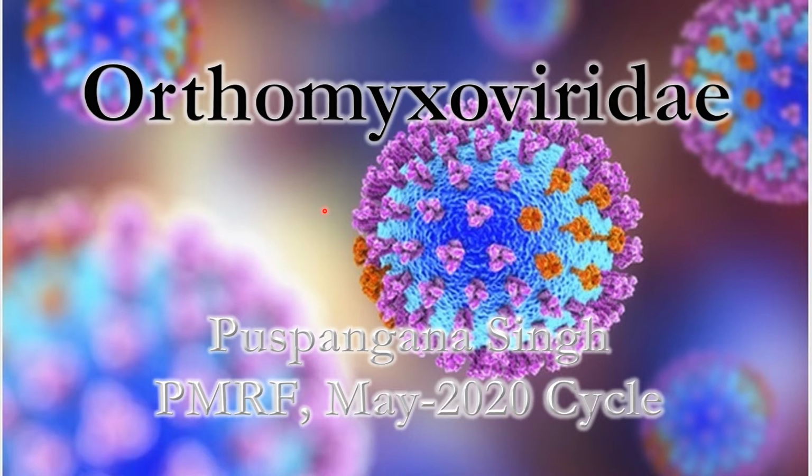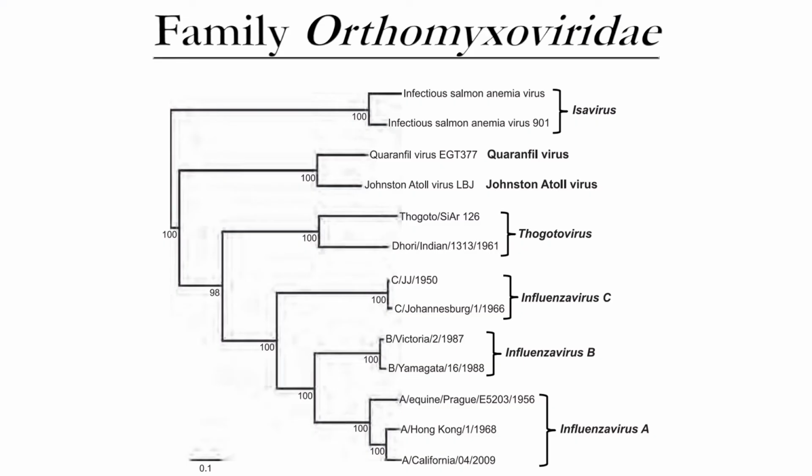So in this lecture, I am going to focus on the Orthomyxoviridae, which contains the influenza virus. The family of Orthomyxoviridae is designated by viruses that have a negative sense, single-stranded and segmented RNA genome.